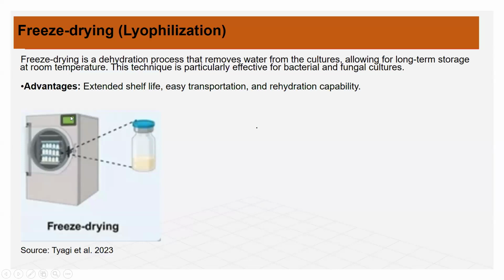When it is ready, the machine will show a sign that it is ready. It takes hours anyway. It can take up to 8 hours, 10 hours, even 12 or 24 hours, depending on the microorganisms and the quantity of liquid that you have.